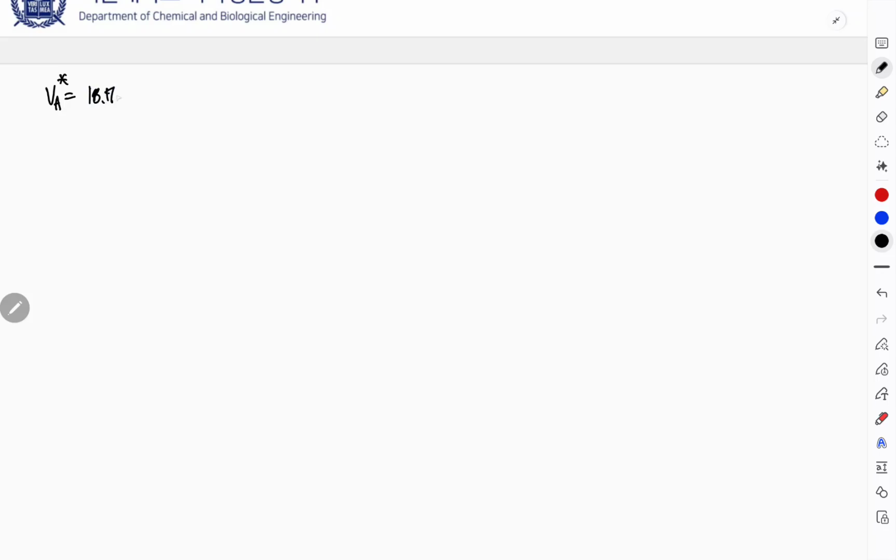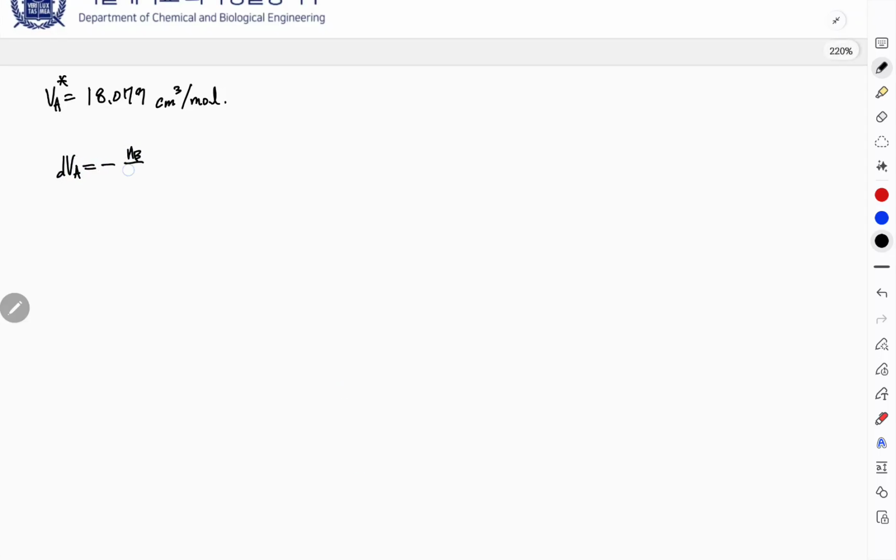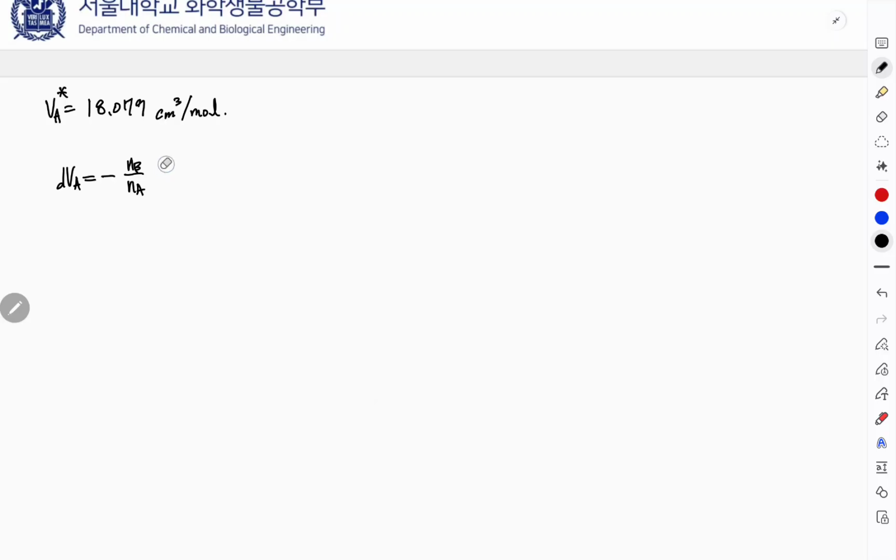And we would like to know VA, so we are going to integrate this equation. So VA is equal to VA star, which is the initial value, minus the integral from 0 to VB of nB over nA dVB.